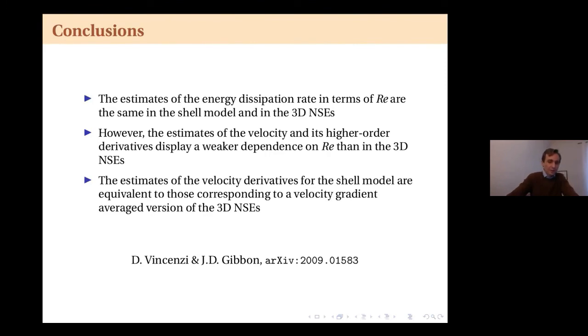And for the velocity derivatives, the shell model is rather equivalent to a Navier-Stokes equation where we have suppressed the very large fluctuations of the velocity gradient. And with this, I would like to conclude and to thank you for your attention.